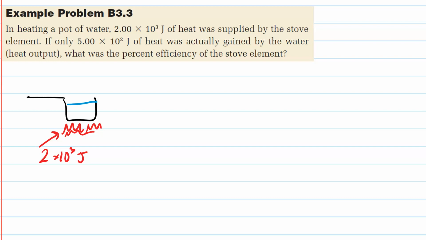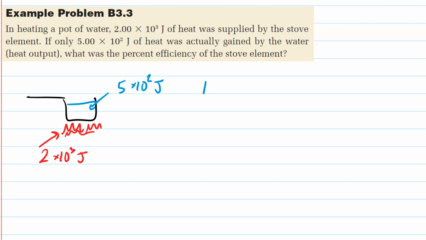But how much heat is the water getting? It says only 5.0 times 10 to the 2 joules of heat is being gained by the water. And what's the whole point of putting the pot of water on the stove? It's to heat the water. So the 5 times 10 to the 2 joules of heat, that's your useful energy output.